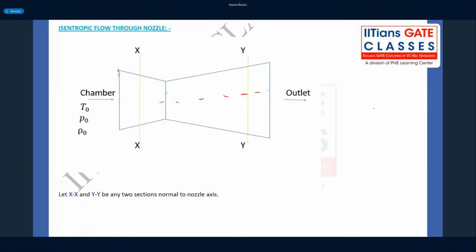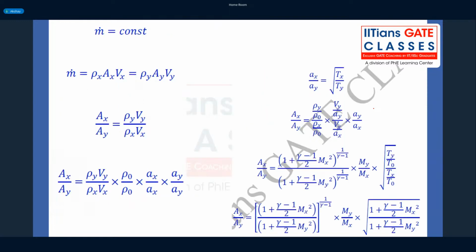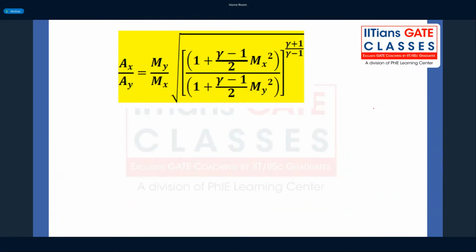So I will assume that you have a rough idea about gas dynamics topics, or isentropic flow through ducts. So I will straight away move to the final equation: the area ratio related to the Mach number at different sections, as a function of the gas you are using.